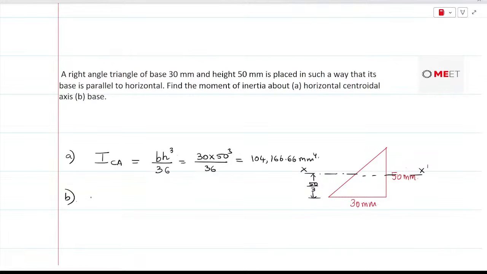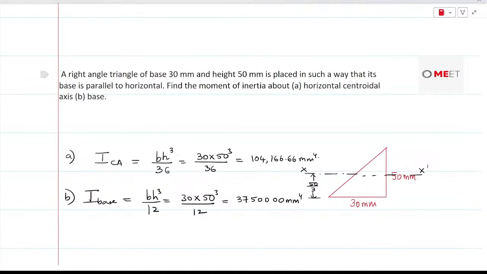And part B, that is the moment of inertia about the base, is bh cube by 12, which is 30 into 50 power 3 divided by 12. This is equal to 375,0000 mm power 4. So remember that the dimension perpendicular to the axis should be raised with the power of 3.